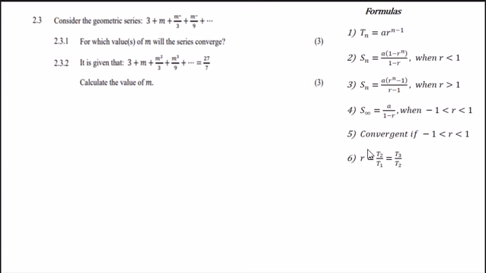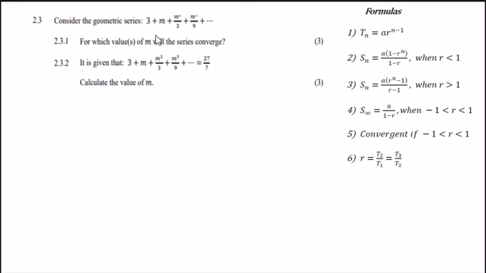We divide the second term by the first term, and the third term by the second term. We use this to prove whether our series is geometric. If we get the same value for both divisions, we know that our series is geometric.